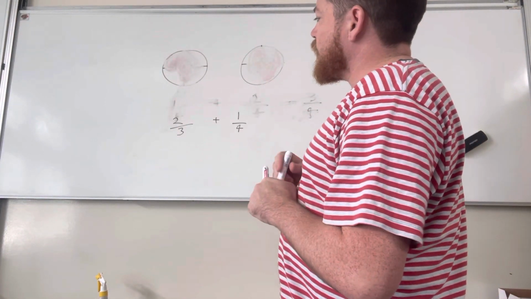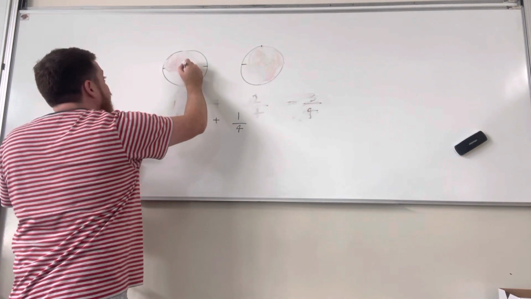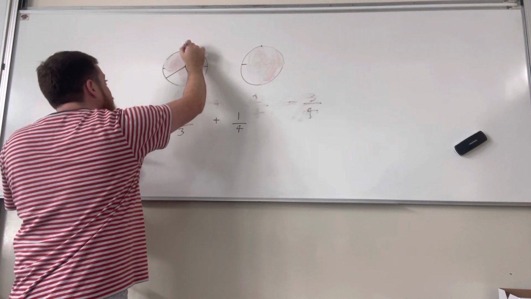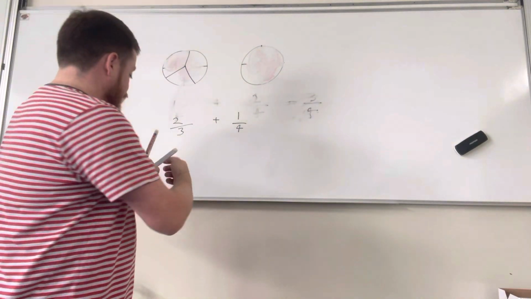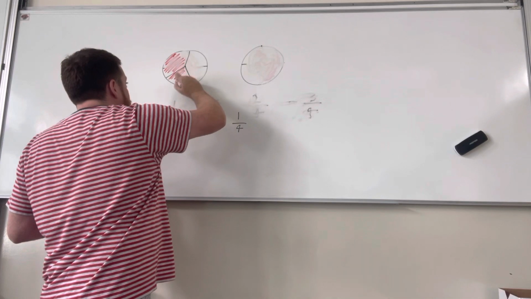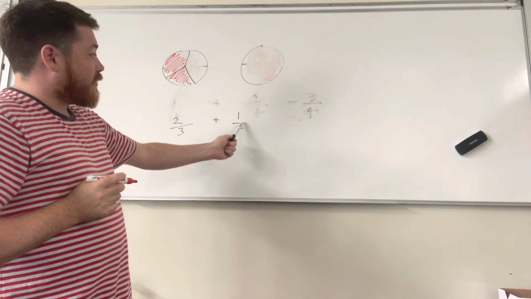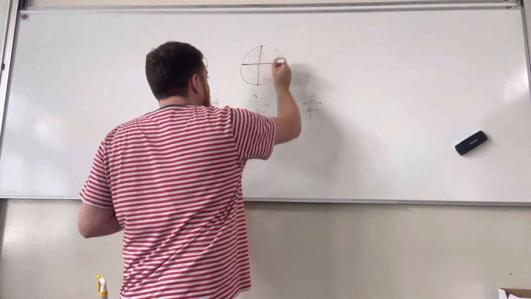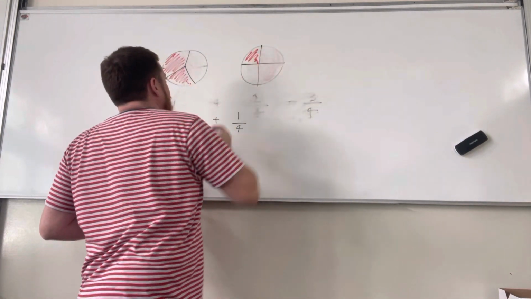So, in the situation where I'm looking at the fraction 2 over 3, what that represents is dividing this pizza into 3 pieces, okay? Something like that. And how many am I going to shade in? Well, 2. Good. Now, this is being divided into 4 pieces yet again. And how many am I shading in this time? Well, 1, of course. Great.